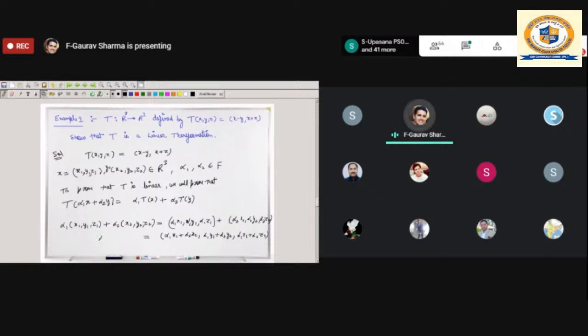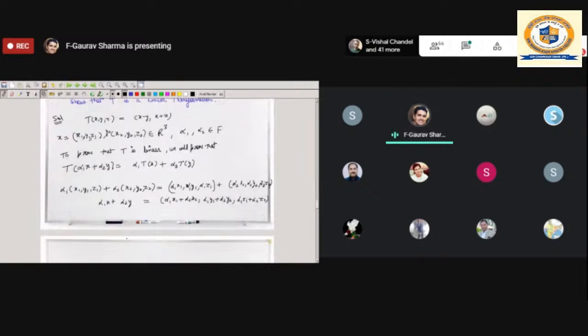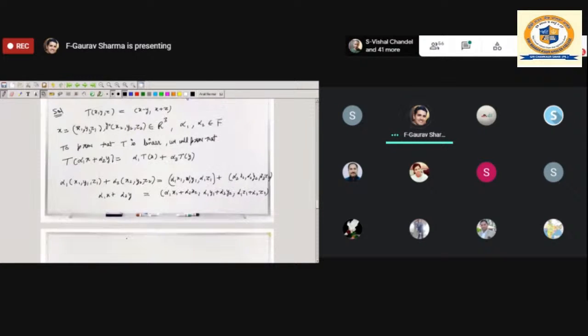So this is our vector alpha 1 x plus alpha 2 y. Now I will take the linear transformation of this vector.